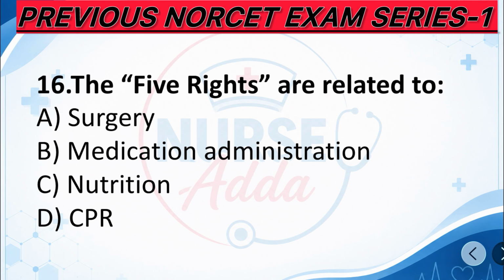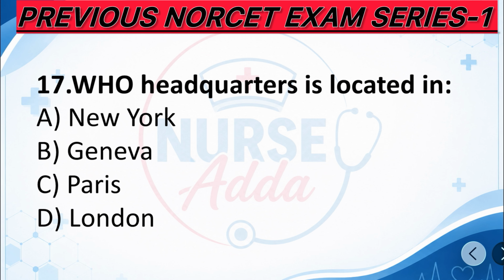The five rights are related to surgery, medication administration, nutrition, or CPR. The right answer is medication administration. Next question. WHO headquarters is located in New York, Geneva, Paris, or London.